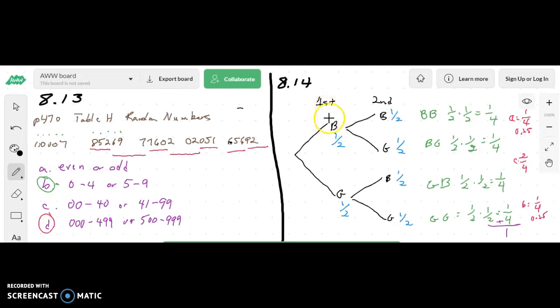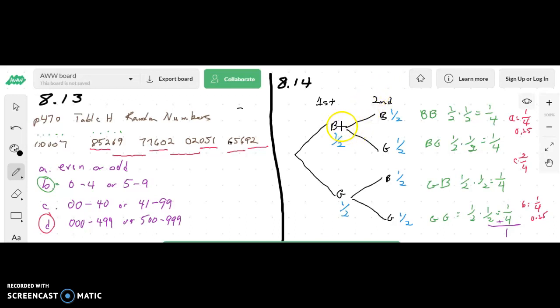So for the first child, the text is saying that it's a 50% chance or 1/2 probability of it being a boy and 1/2 chance of being a girl. And then after that first child is born, the second child, these are mutually exclusive events and also independent events. So it does not matter whether the first child was a boy or a girl as far as the probabilities for the second child.